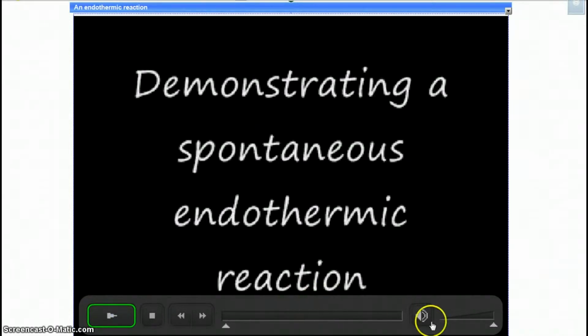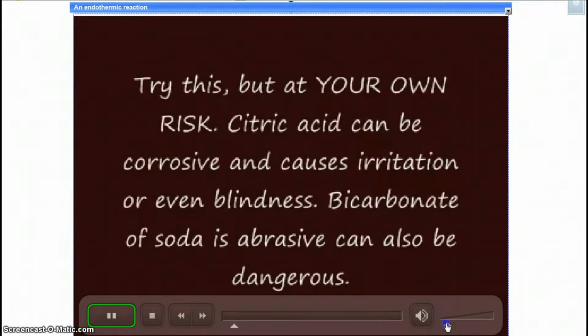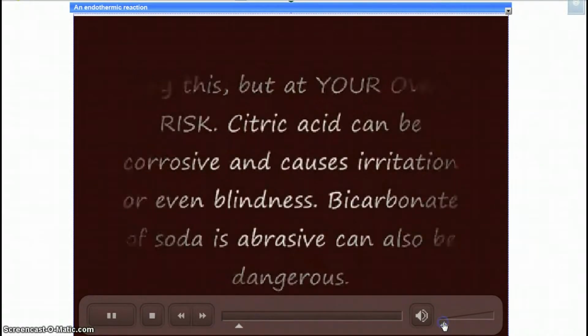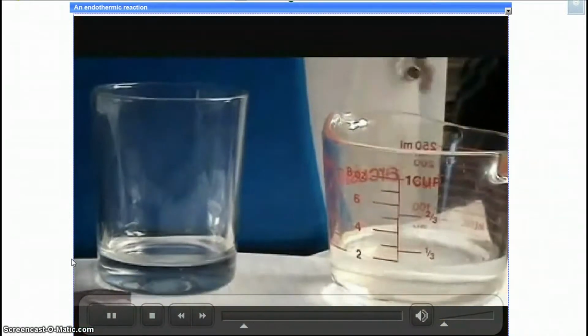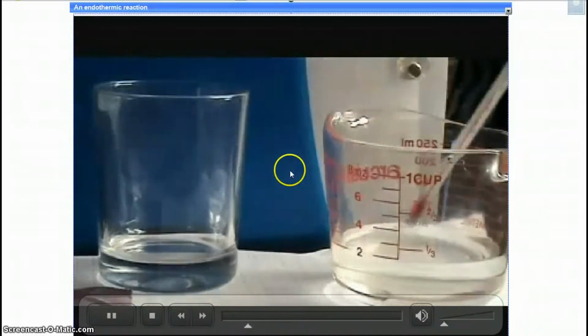Here is an example of an endothermic reaction. Let me turn the music down because it's kind of odd. Okay, disclaimer. Alright, so we see the temperature.